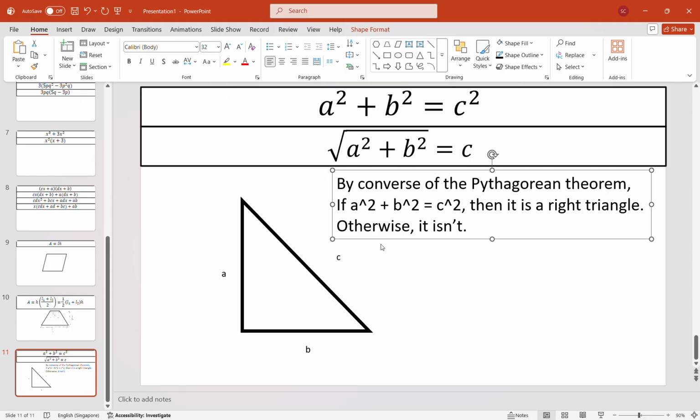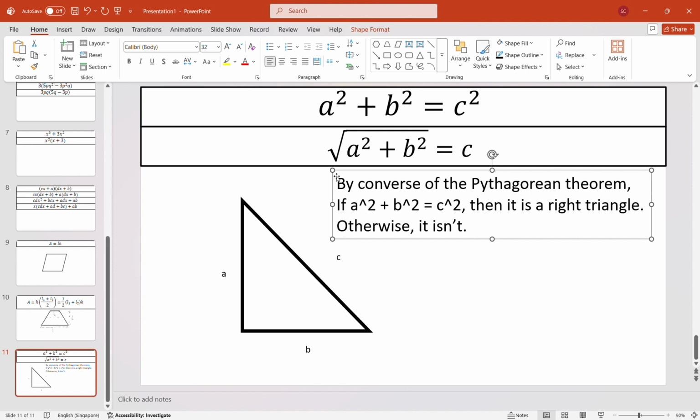By the converse of the Pythagorean theorem, if a squared plus b squared is equal to c squared, then it is a right triangle, and otherwise it isn't. As you can see here, a and b are the same length. So we can take the root of a squared plus b squared to give us the root of c squared, which is c.